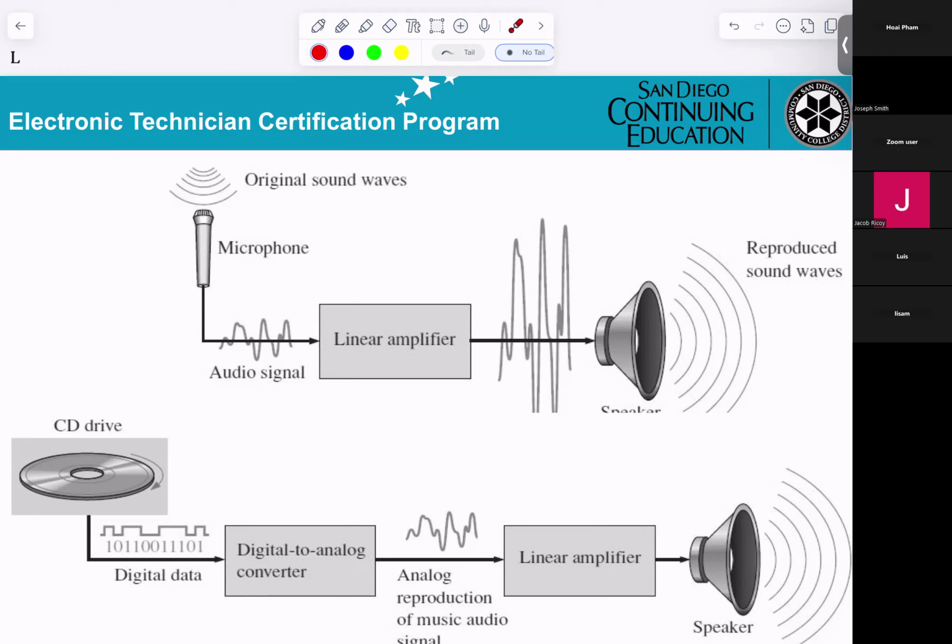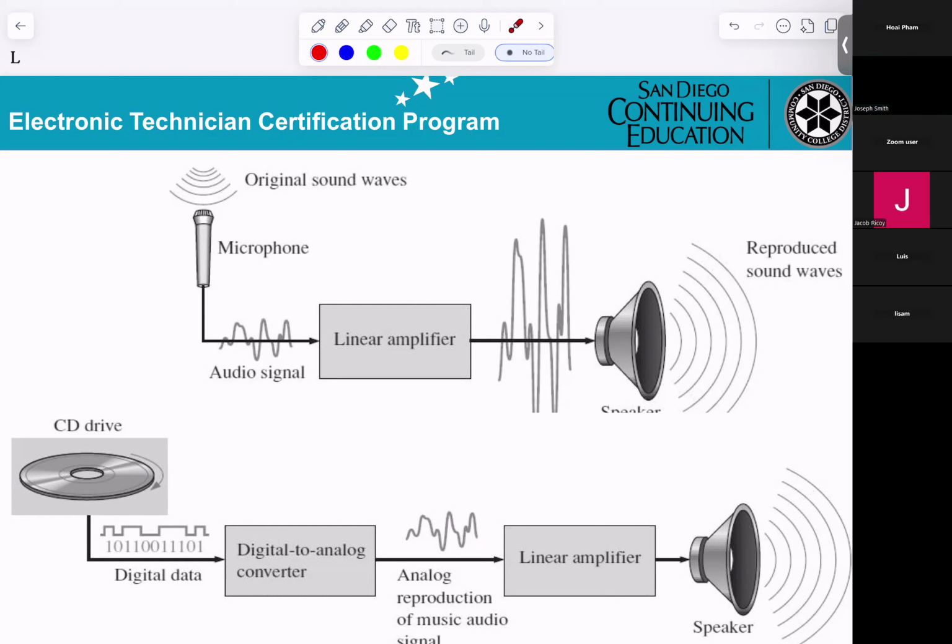The outside real signal will be analog, and they have to convert it, go to amplify, make it bigger, to go to the speaker.